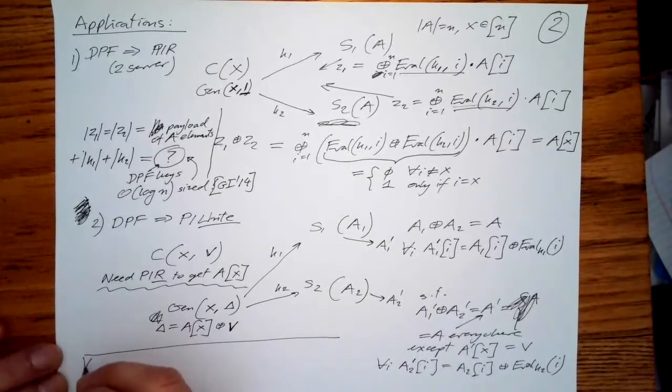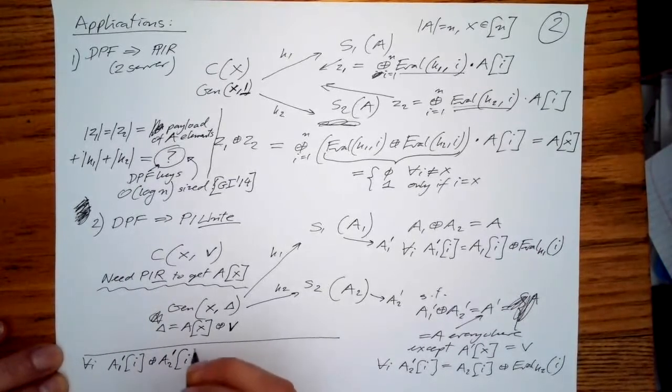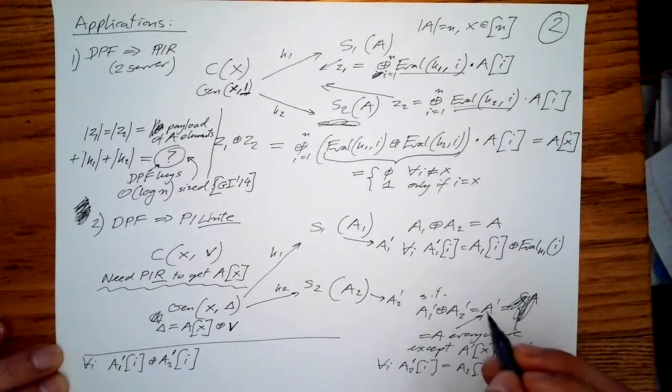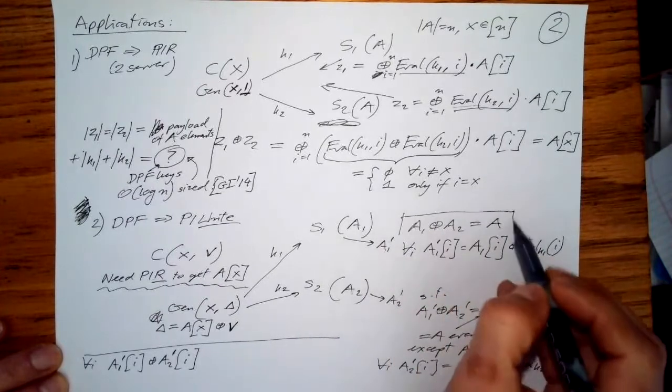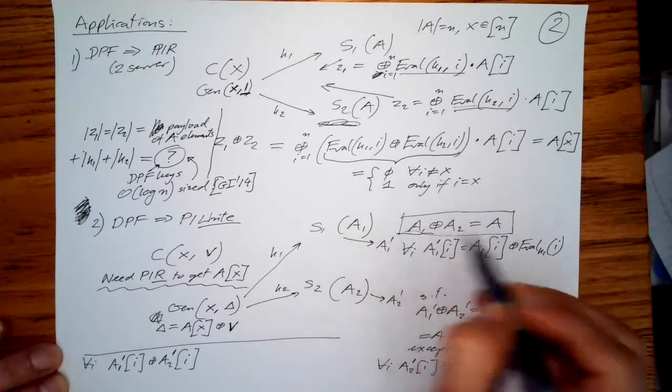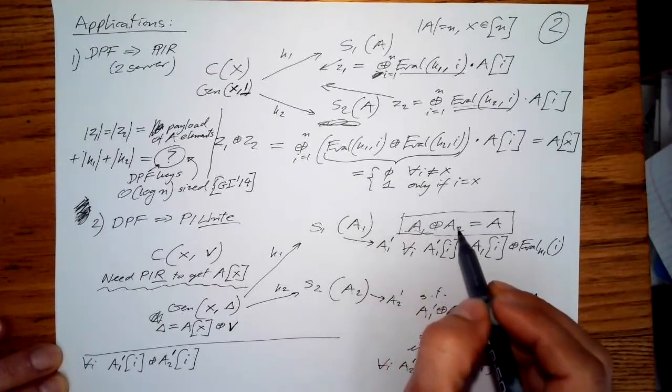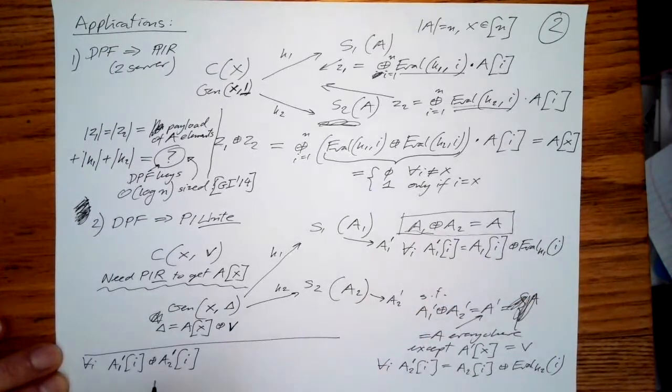Now see that for every I, if I XOR these new memory values, this is the value of the new memory at point I, because the secret sharing is just XOR sharing. Every element is an XOR of the element of A1 and an element of A2.